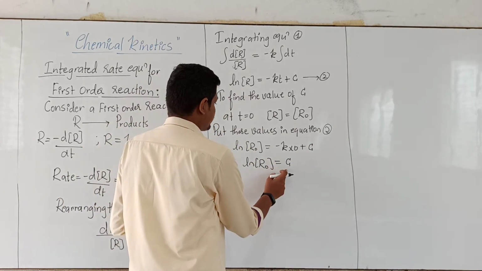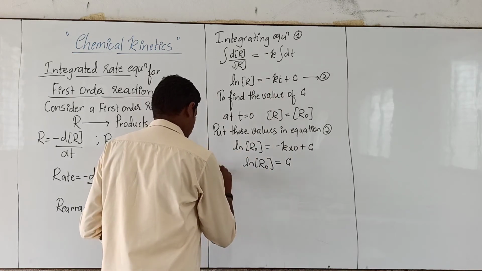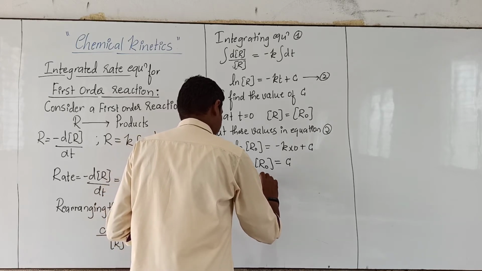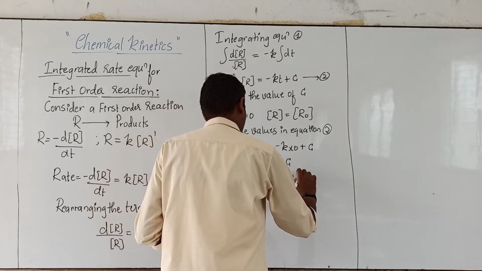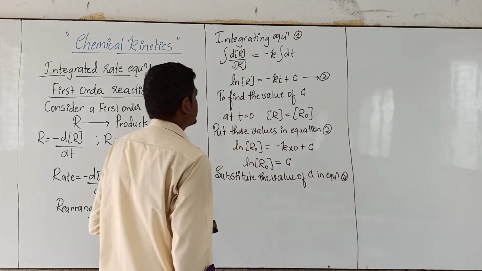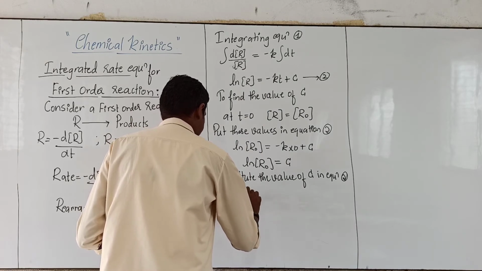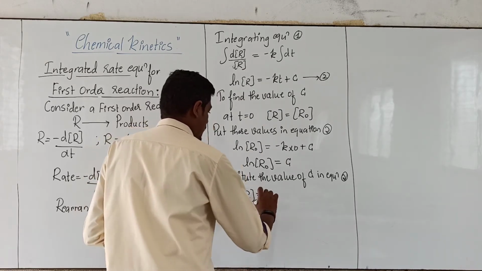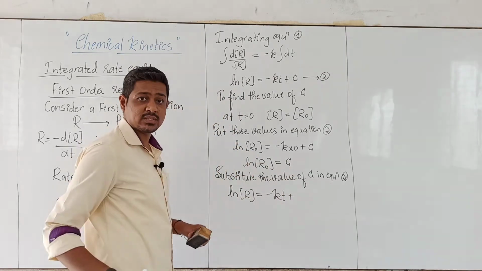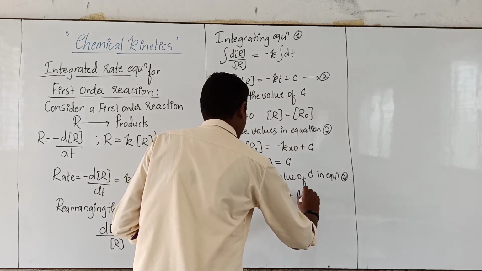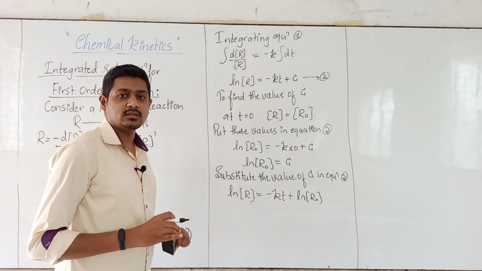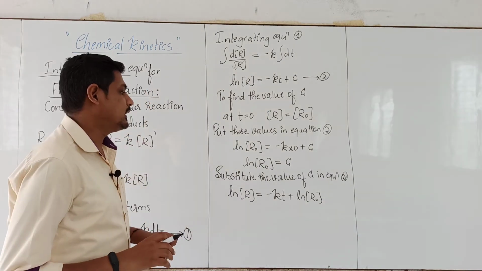Now substitute the value of C in equation 2. What you will get? Ln of R is equal to minus kt plus ln of R naught. This we can say is the integrated rate equation, but let us simplify this.